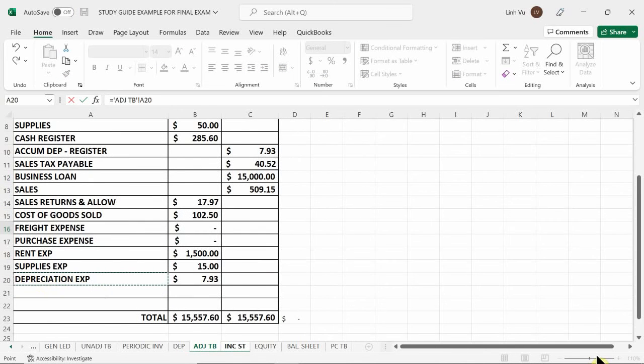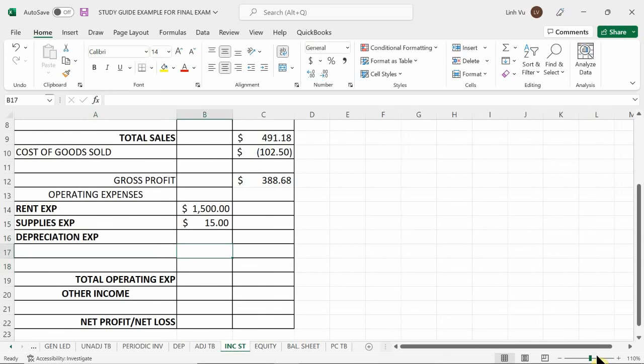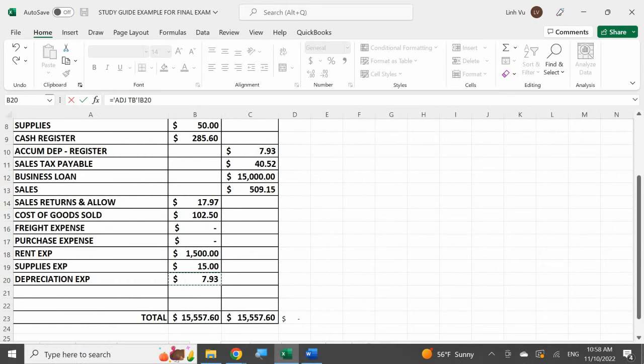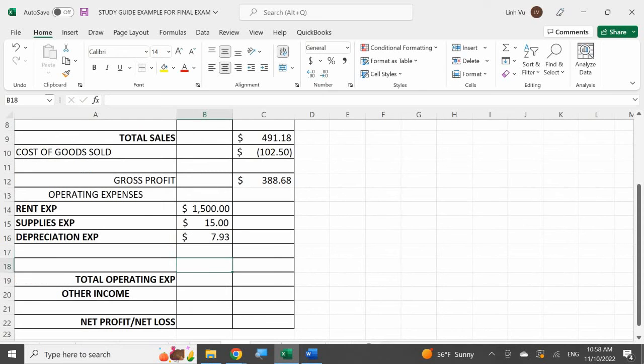Depreciation expense, for $7.93. So tell me, what is my total operating expense? $1,522.93.